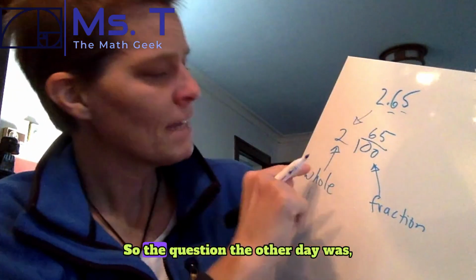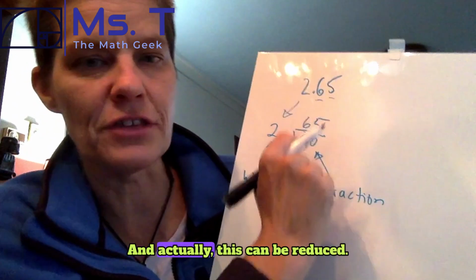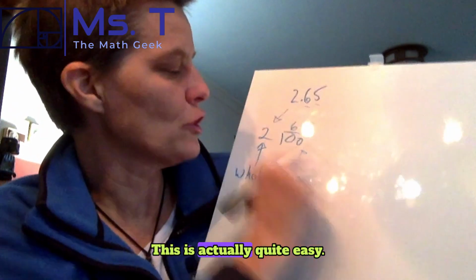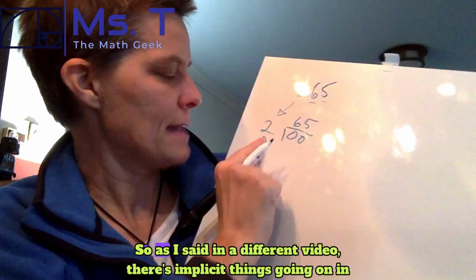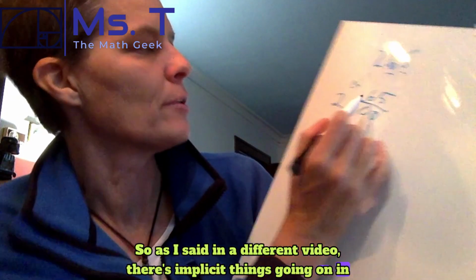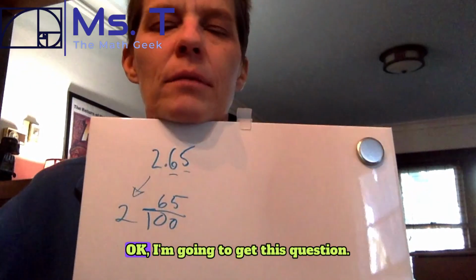So the question the other day was, well, how do I go from here? And actually, this can be reduced. That's why I picked 65. This is actually quite easy. So as I said in a different video, there's implicit things going on in numbers, operations going on in numbers. Okay, I'm going to get this close to me.